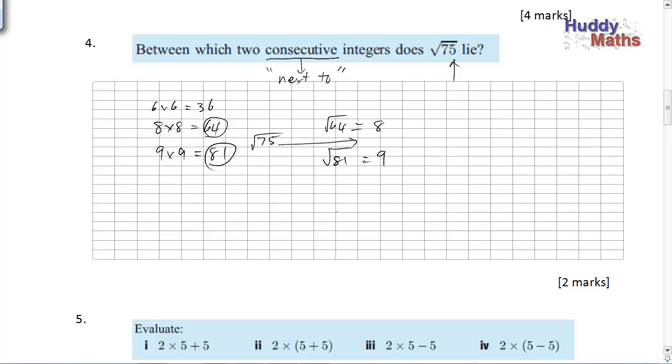So the answer is between the consecutive integers 8 and 9. Okay. That's the best way of doing it. You could do it on the calculator, root 75, and find what decimal it is. It's 8 point something or other. Okay, so there's 2 marks for that. So between 8 and 9, just give you 2 marks for those 2 numbers.